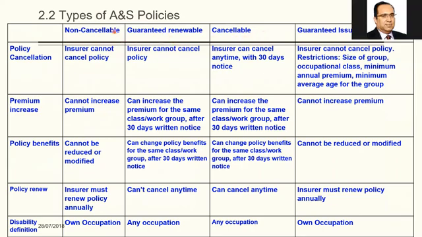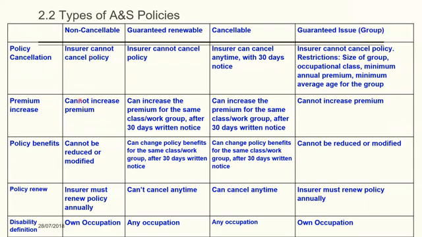Non-cancelable means that the insurer cannot cancel the policy. The person who has the disability insurance can cancel anytime. If they stop payment for one month, the policy will be canceled. But the insurer, the life insurance company, cannot cancel it.